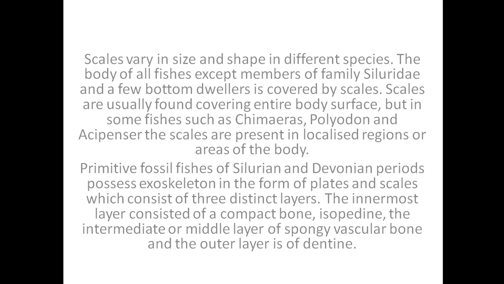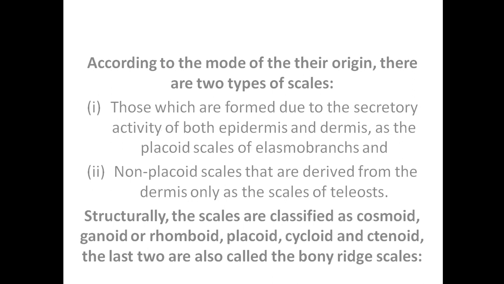Above that there is an intermediate or middle layer of spongy vascular bone, very spongy and vascular, whereas the outermost layer was made up of another hard substance, dentine. So isopedine, the innermost layer, was bony material. Above that the middle layer, spongy vascular bony material, and the outer layer was made of dentine.